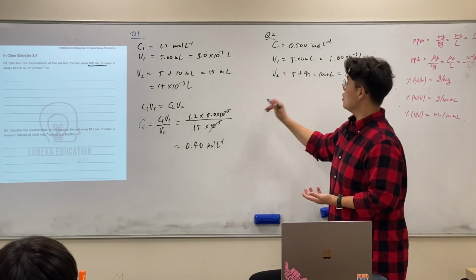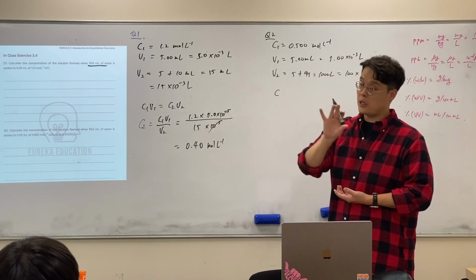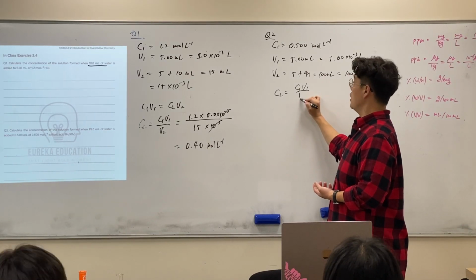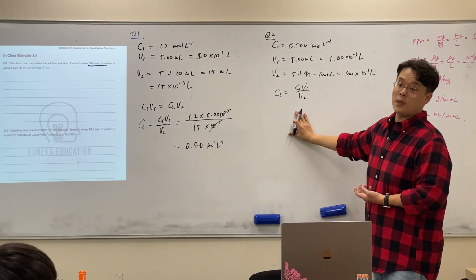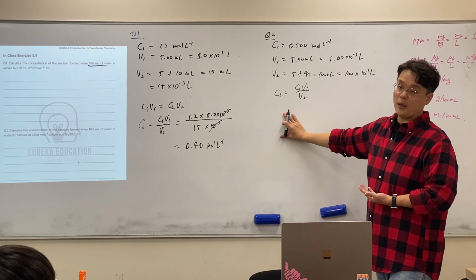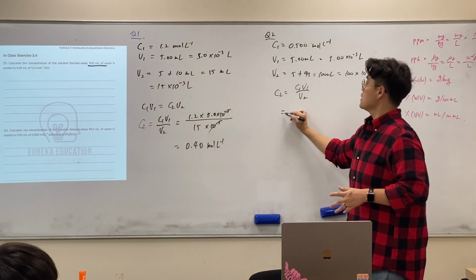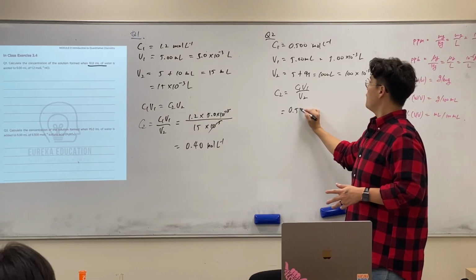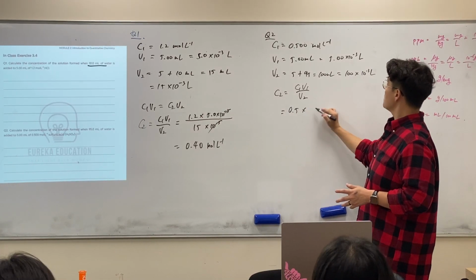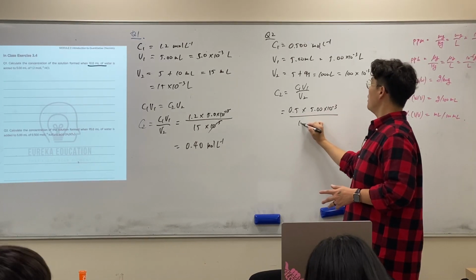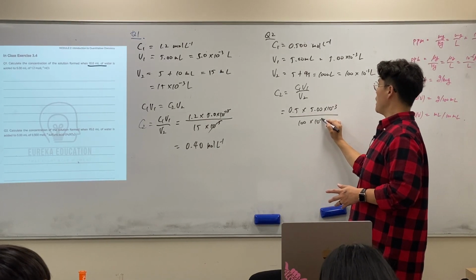Again, use C1V1, or you can show that C2 is straight C1V1 over V2. That's okay, but make sure you show the relevant formula, otherwise I don't know where you get these values from. C2 then equals 0.5 times V1, which is 5.00 times 10 to the power minus 3, divided by 100 times 10 to the power minus 3 as well.